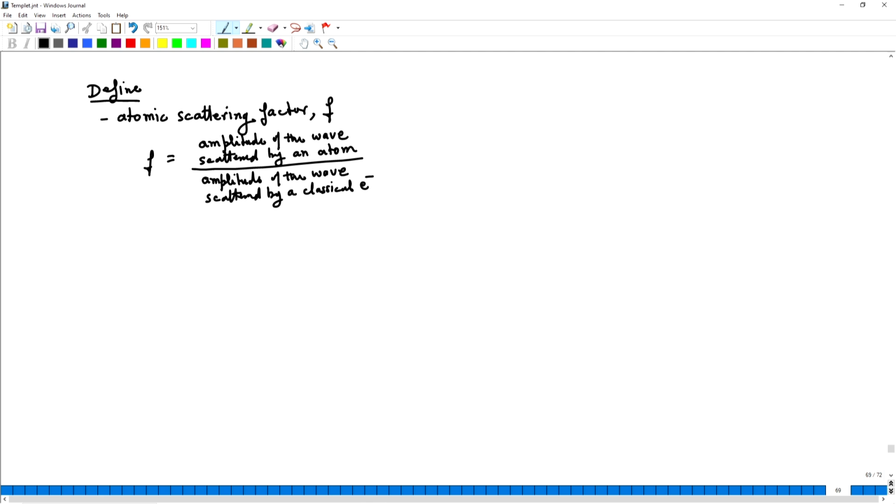Similarly, let me define one more factor. This factor is called the structure factor.